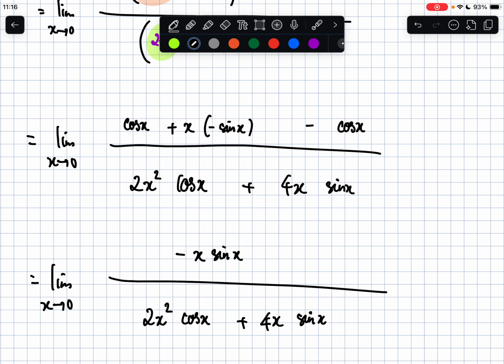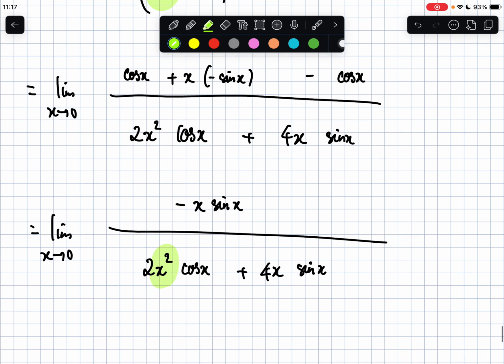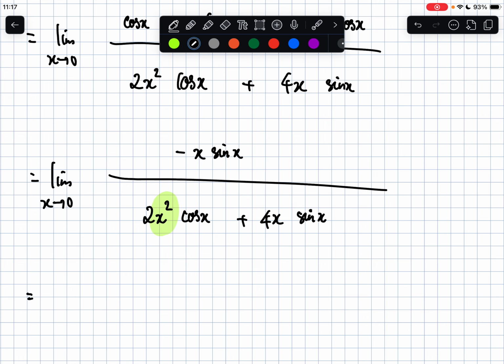Now you see that up there you have x times sin of x, down there you have something times x squared. So I could just divide numerator and denominator by x squared. Limit x to 0.